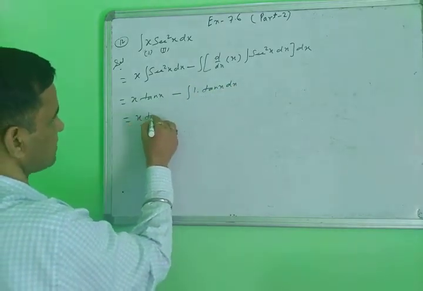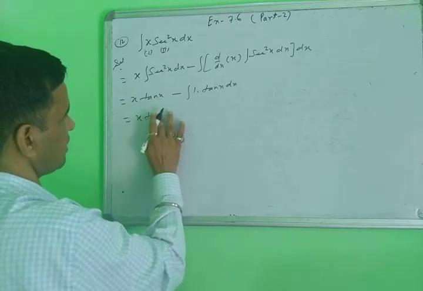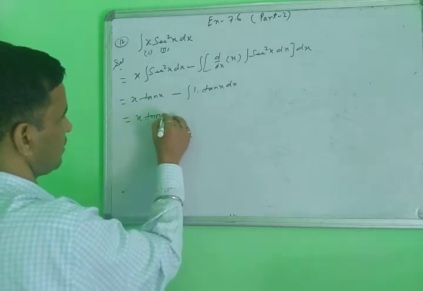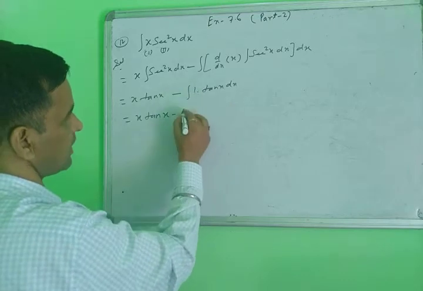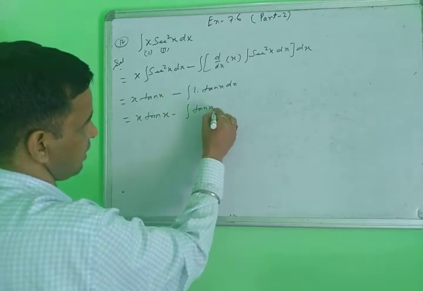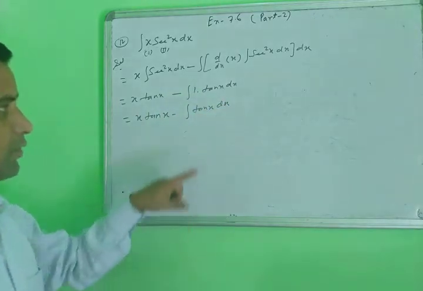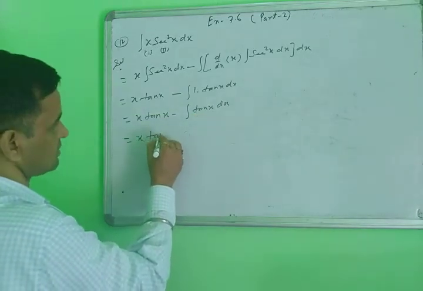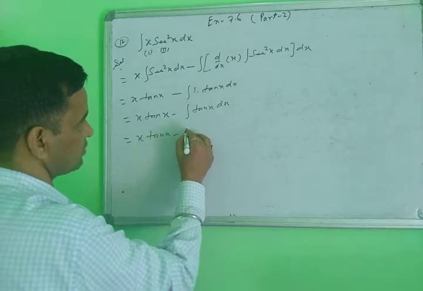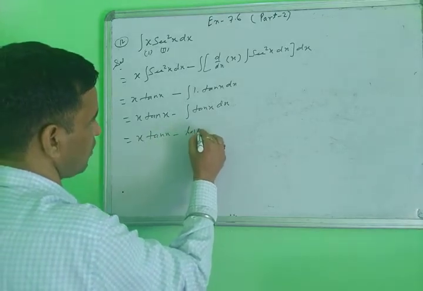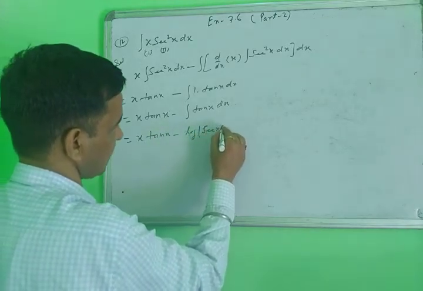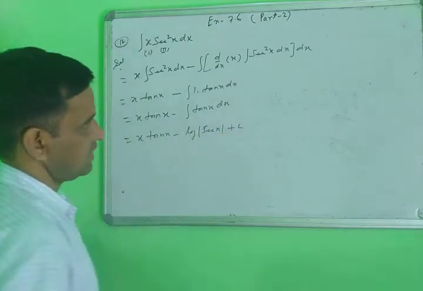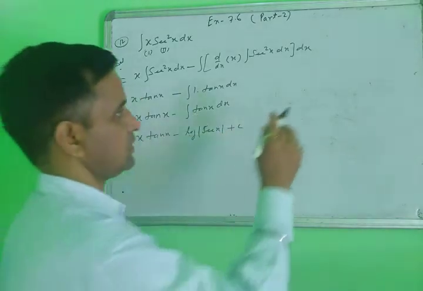Here x tan x minus 1 into tan x, only tan x dx. And what is the integration of tan x? X tan x minus integration of tan x, which is log sec x plus c.